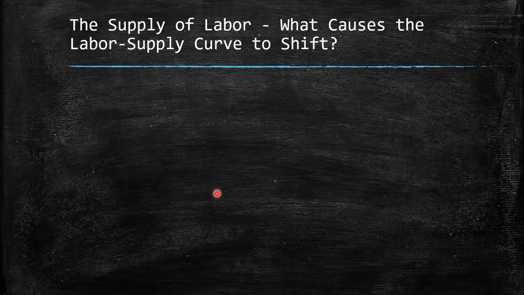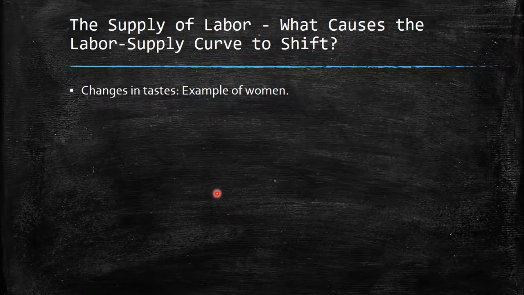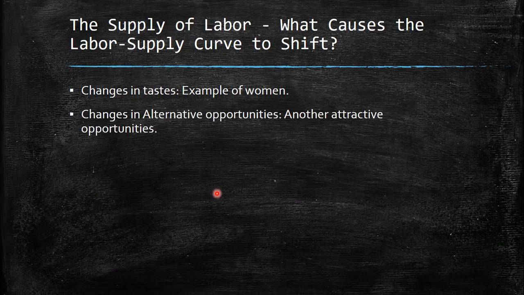And then another example that can cause the labor supply curve to shift is changes in tastes. Some are cultural, for example about women, because women didn't used to work before, but due to changes in the roles in the family, when women need to work, they start to work more, right?